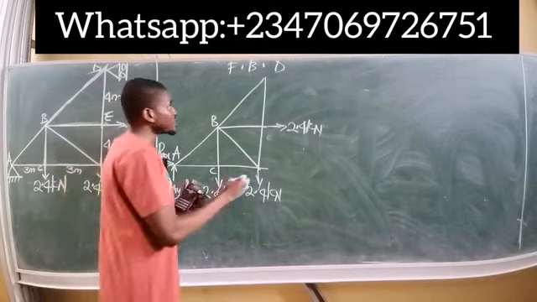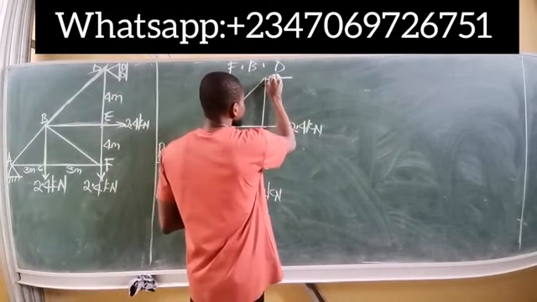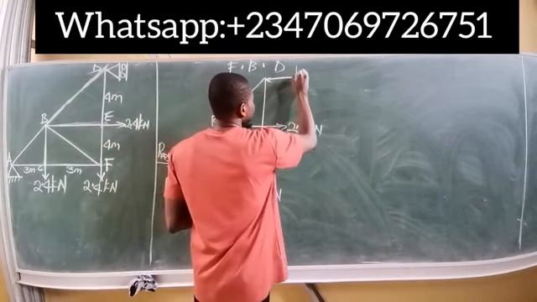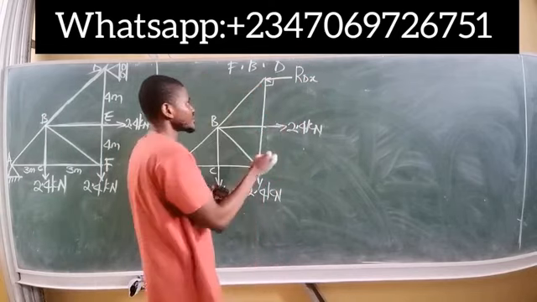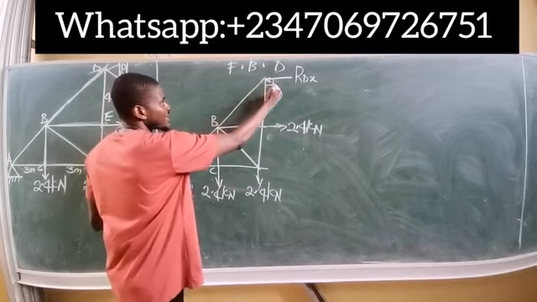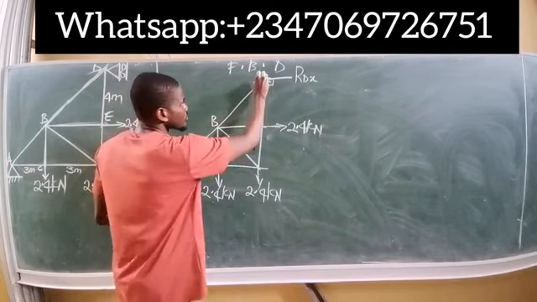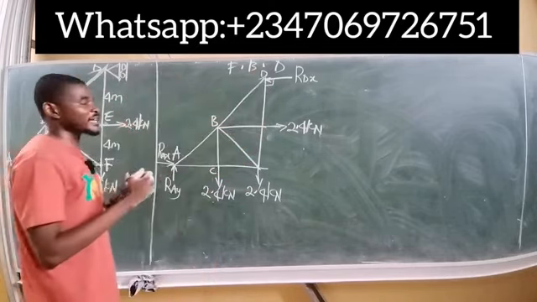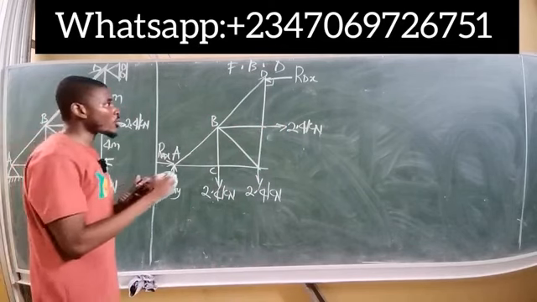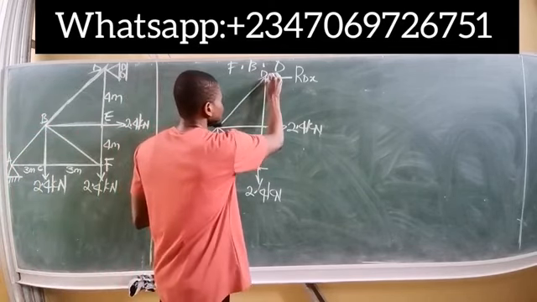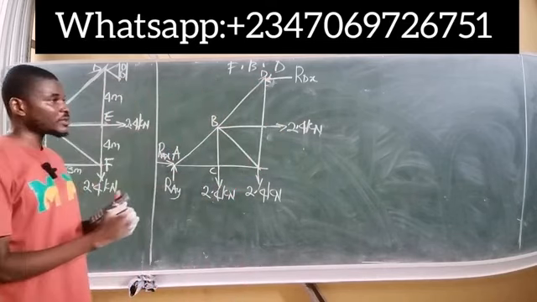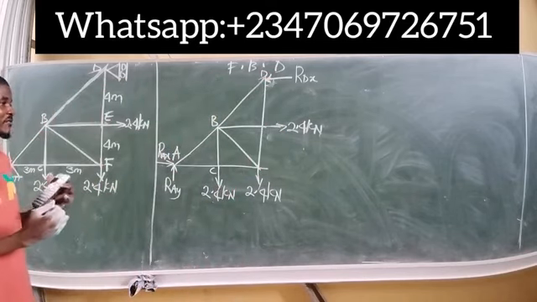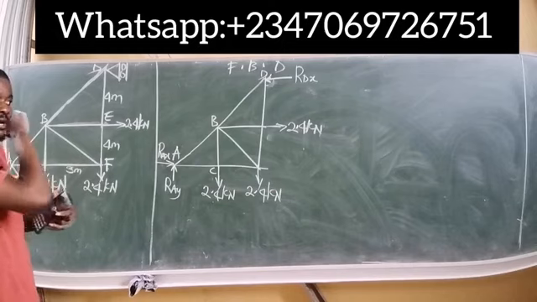And at 90 degrees, it means this roller reaction is horizontal at point D. So this is simply RDX. As can be seen here, it must be at 90 degrees to the surface at point D. So rollers always have their reactions at 90 degrees to the surface where they are acting. Meanwhile, a pin always has a vertical and a horizontal reaction.